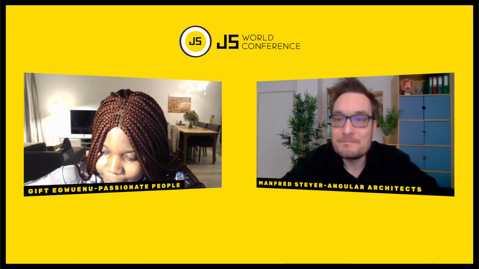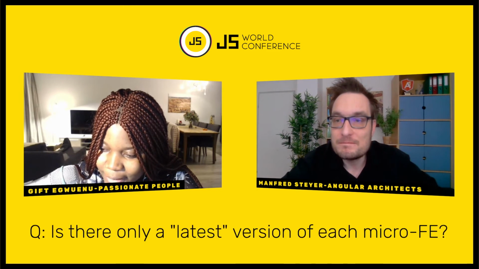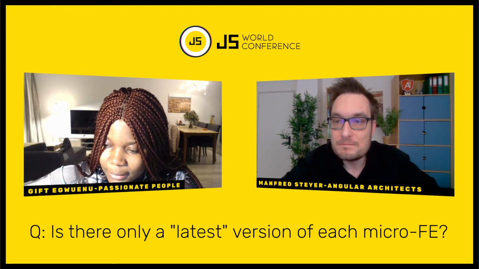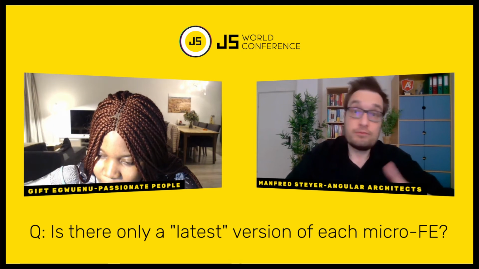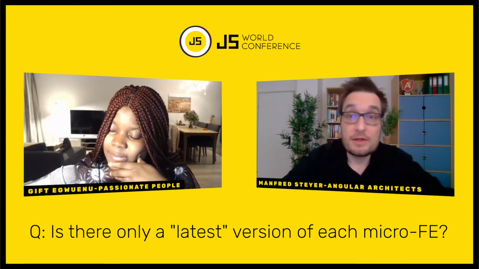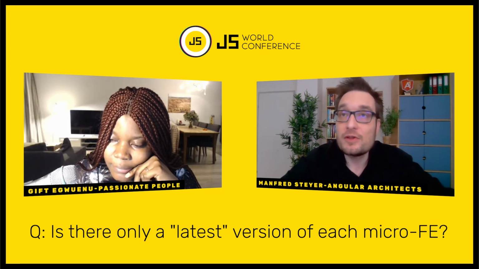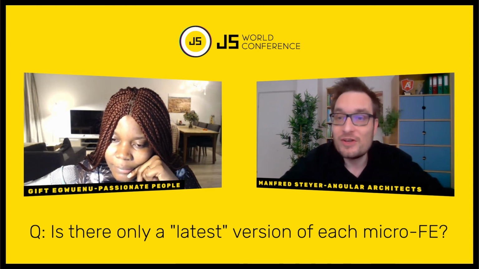All right. Great. Tino is wondering about versions of micro-frontend themselves. Is there only the latest version of each micro-frontend? Oh, it can be. It does not need to be that way. You can have several versions out there, and perhaps the shell decides which version to use.